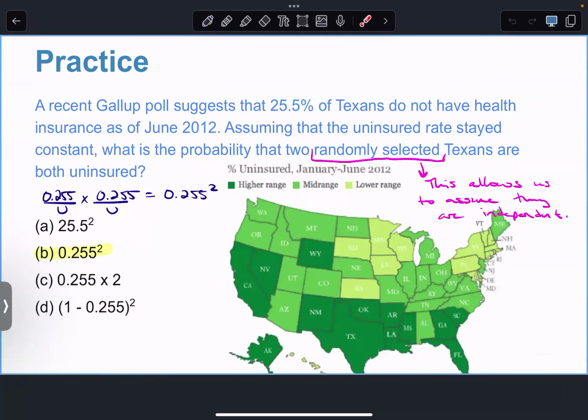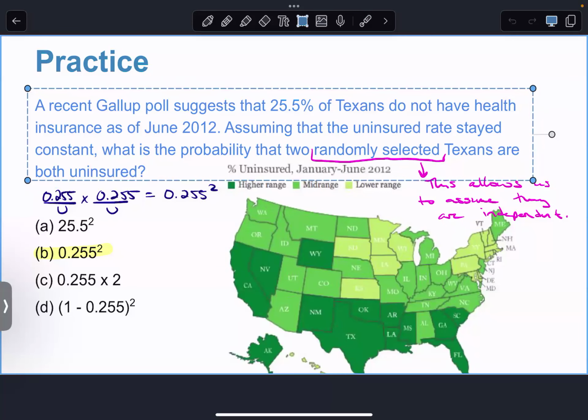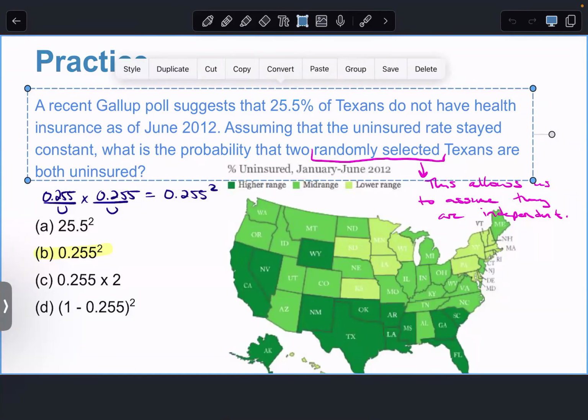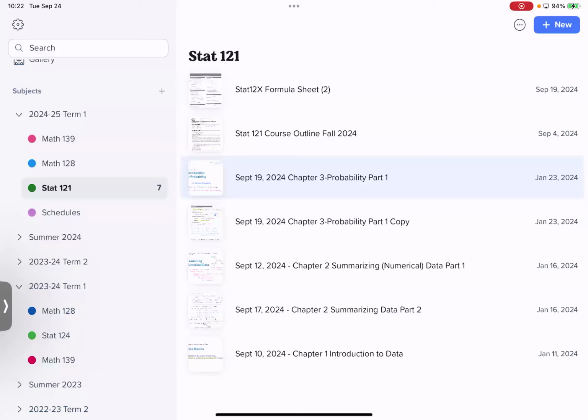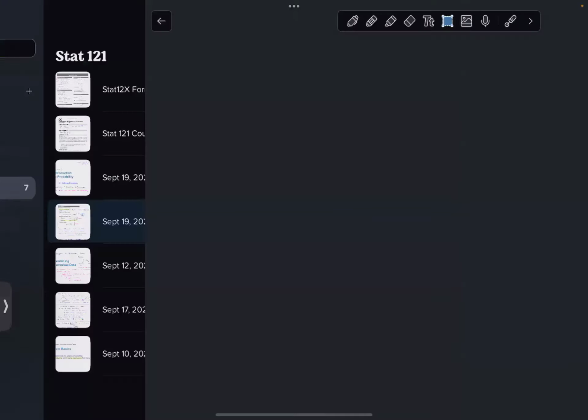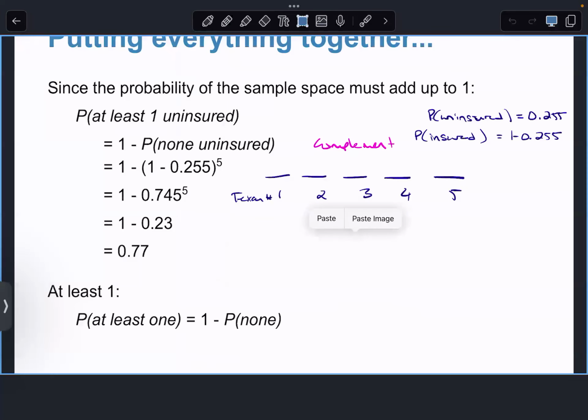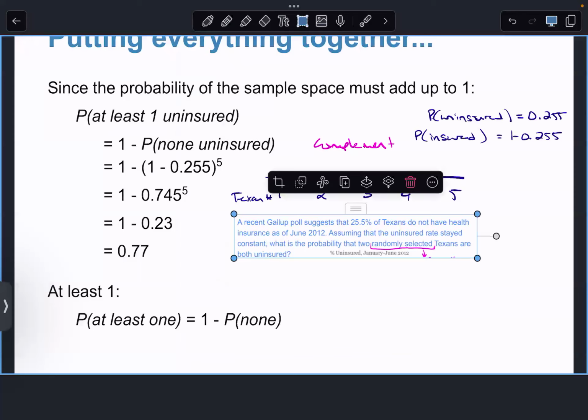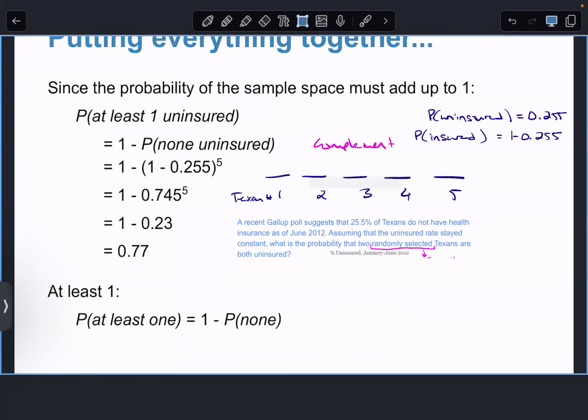Okay, the probability of being uninsured, there it is. I'll grab it. So, okay, we're safe. Sorry, little hiccup. The probability of being uninsured is 0.255, good.